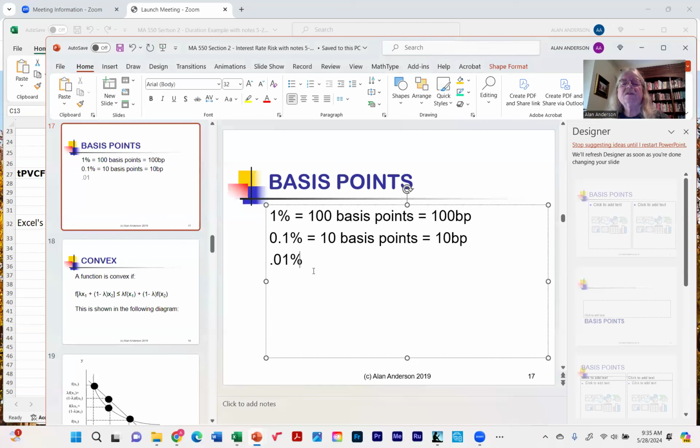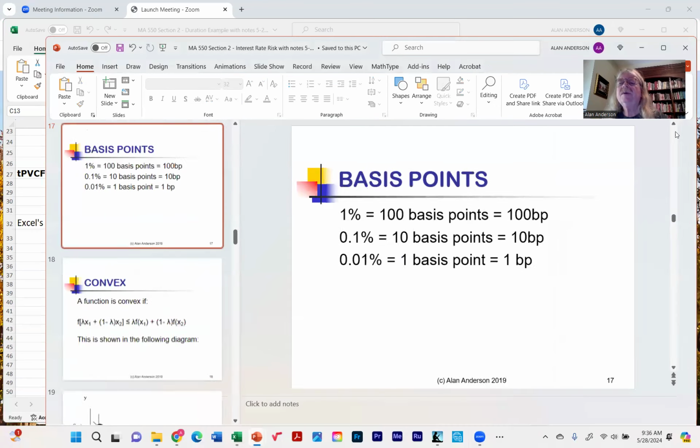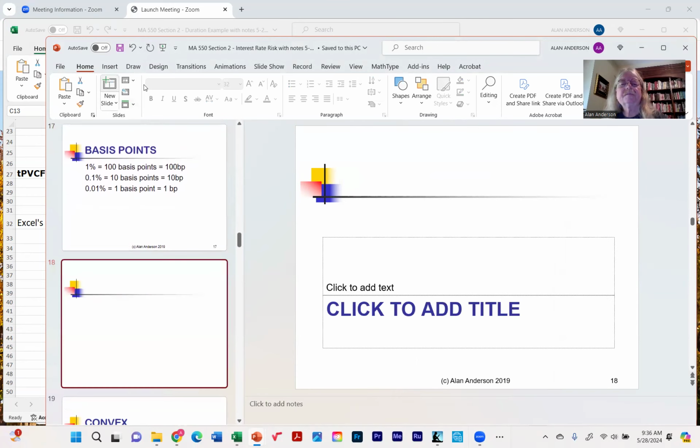And 0.01% is 1 basis point. Now, you're probably wondering, why do we need this measure? What's the point? Well, because it eliminates any potential confusion. Let me just give you a quick example of this.